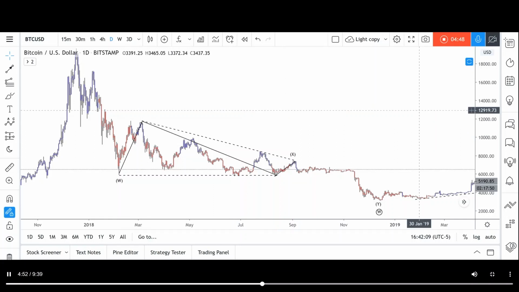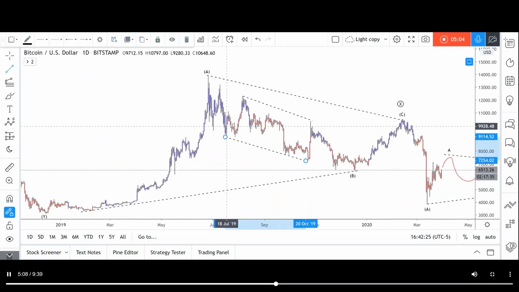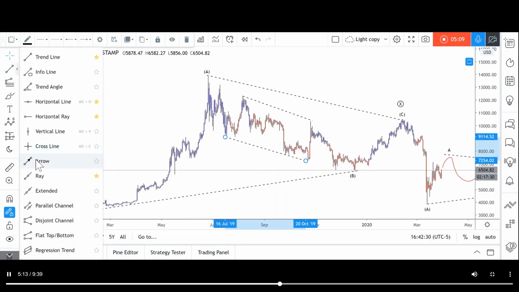If we come to the larger degree X, you can see again that the subwaves were shown on a daily MACD. We got an A down, got the red flip for that. Then you've got a new A up, got the positive flip there.